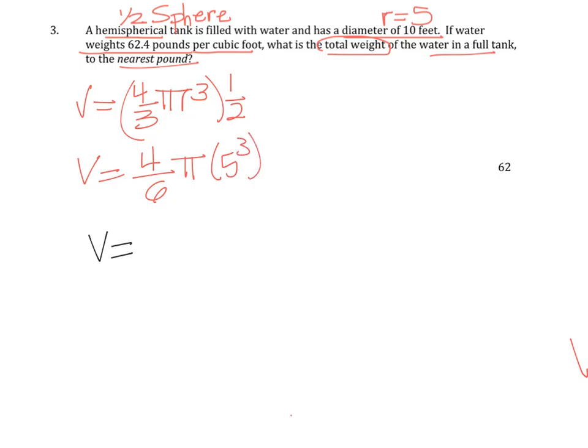So the product of this gives us 500 pi divided by 6, and that's equivalent to 262.